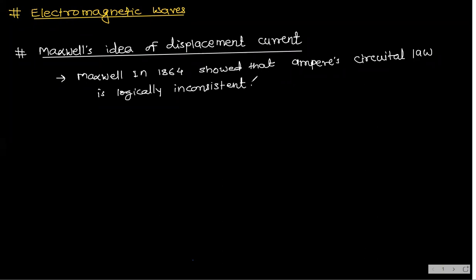Okay, Ampere's circuital law is logically inconsistent. Where and how? Let's see.